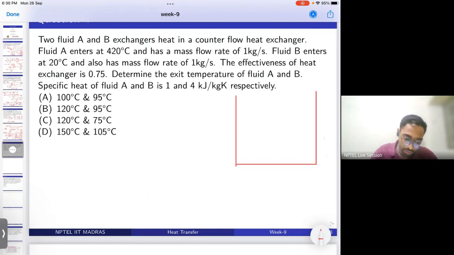So one fluid enters at 420 degrees Celsius and has a mass flow rate of 1 kilogram per second, and the other fluid enters at 20 degrees Celsius. It is a counterflow heat exchanger.